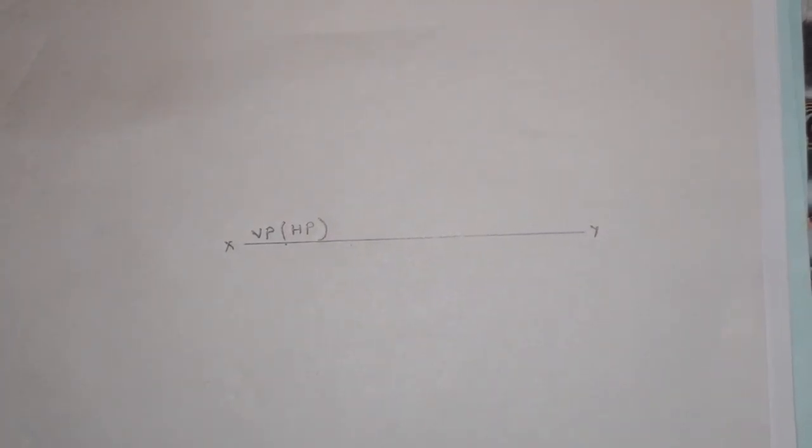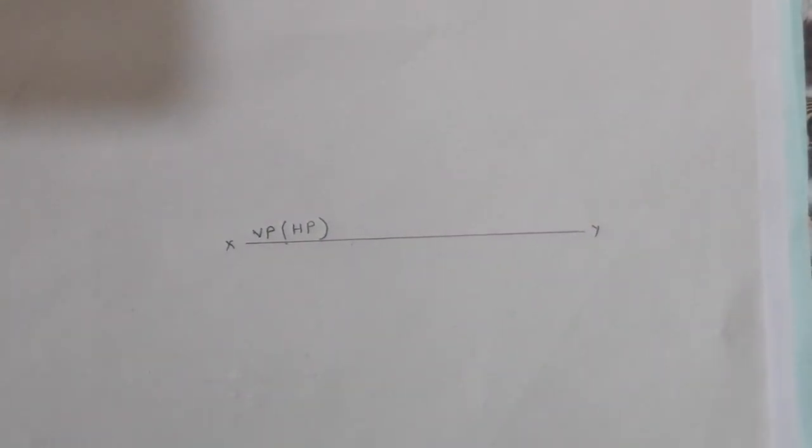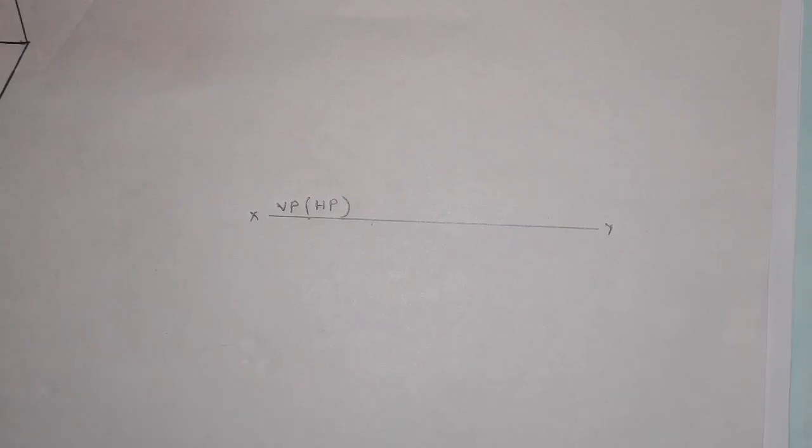So I write VP in the bracket HP. Now the point is in the second quadrant. So we have VP and HP both above the XY line.